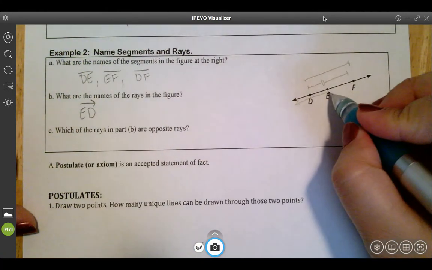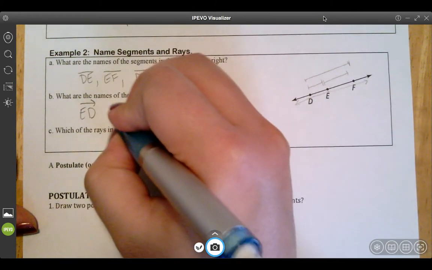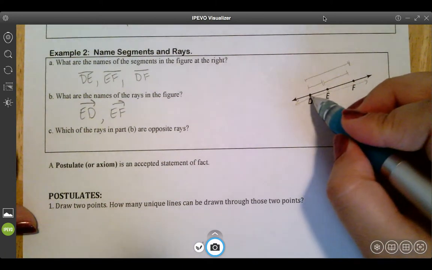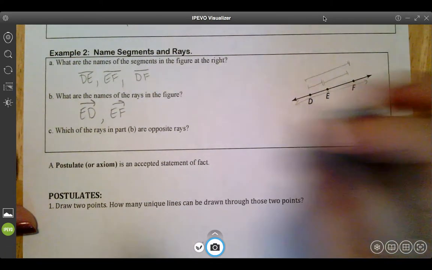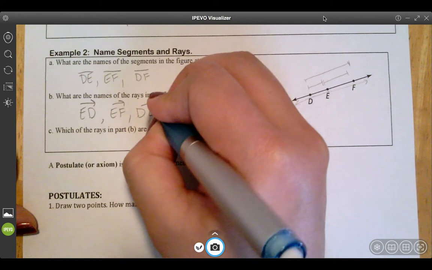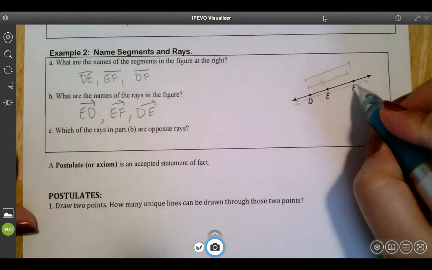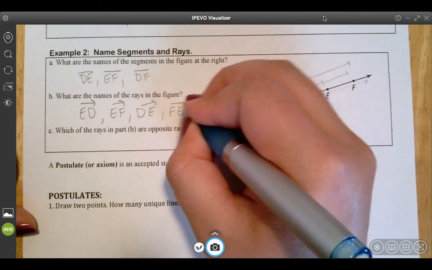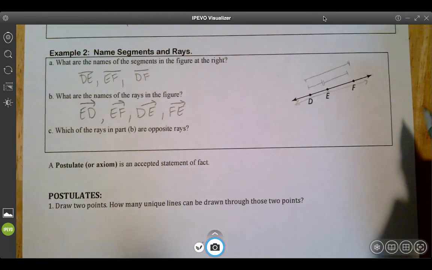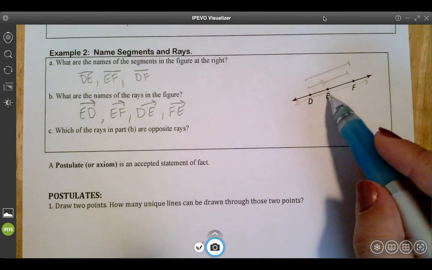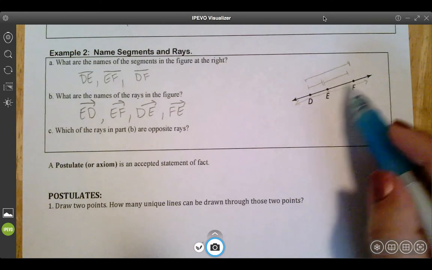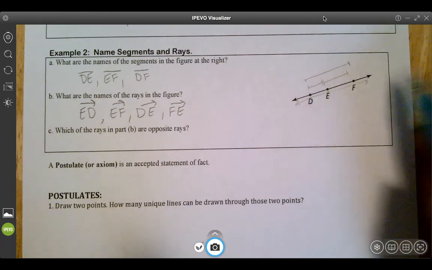I can say E through F. I could also say D through E or F. And I can also say F through E or D. Right? So there are actually 4 rays here. We can't start at D, but we could start at E to the left, F to the left. We could start at E to the right or D to the right.